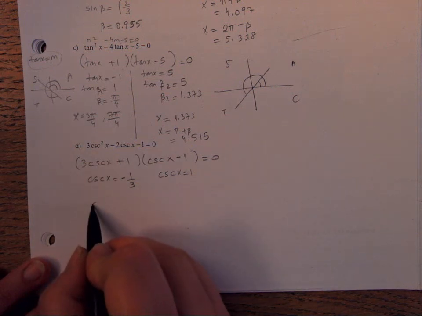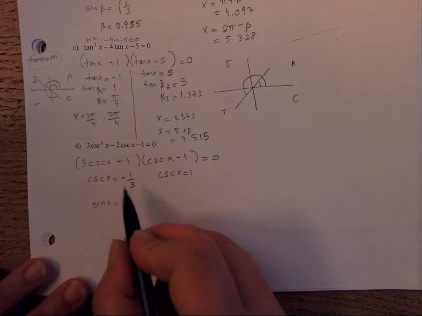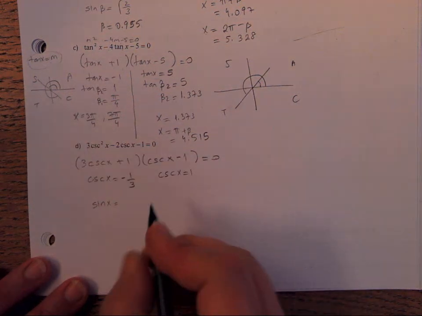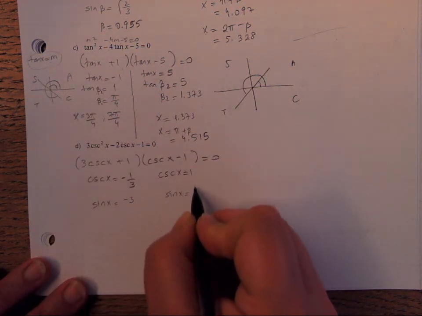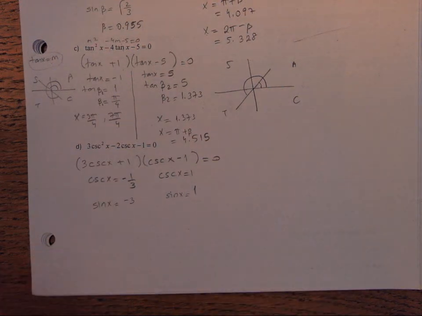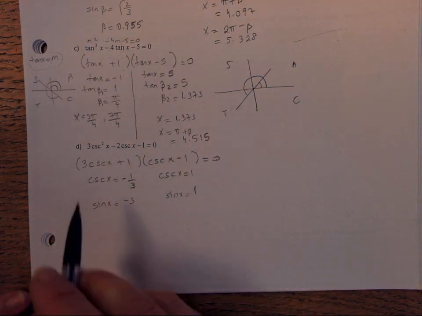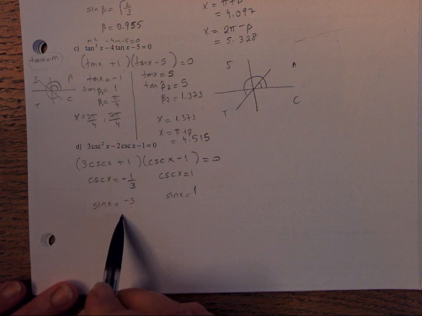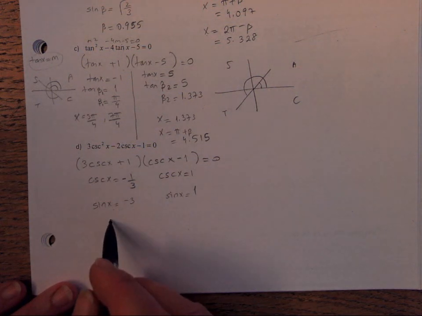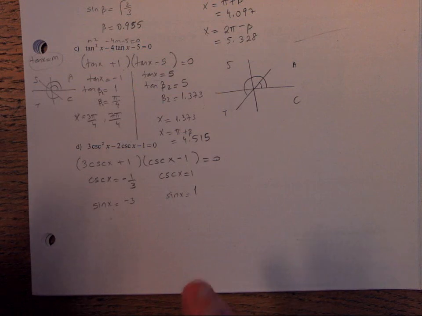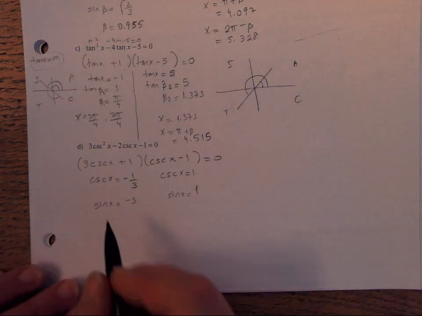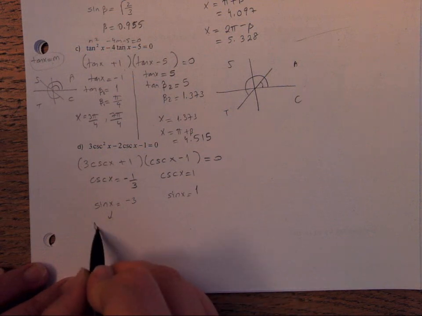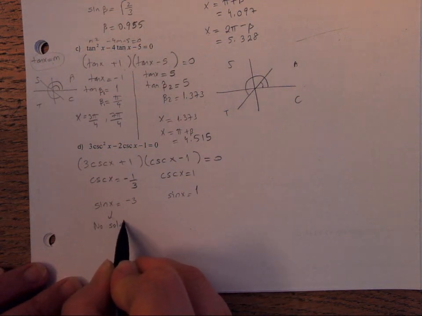Now sine x then, so flip those fractions, you get negative 3 and 1. So sine x equals negative 3 again, but the range is between positive 1 and negative 1, right? So you cannot have sine x equals negative 3. So this part will give you no solution.